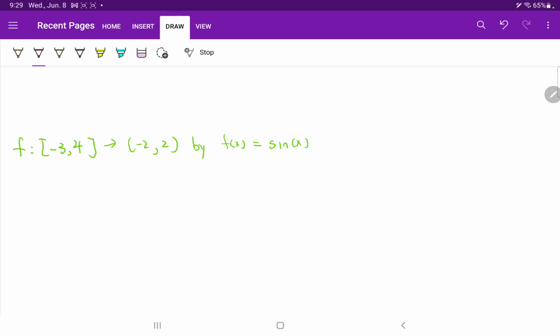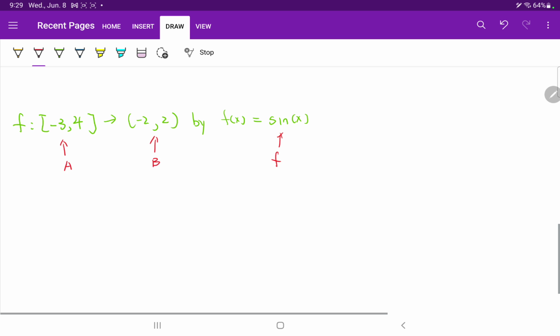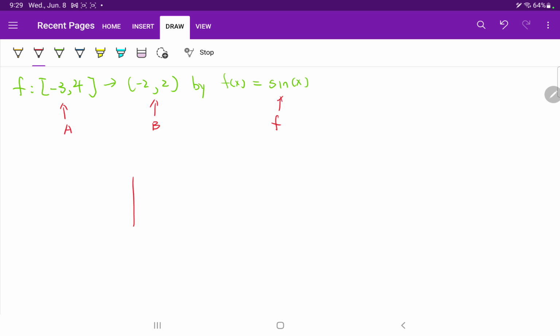So let's take a look at pi over 2. So we want to see what happens if our input value, let's draw this. This is our A, this is our B, and then this is our f. So let's draw the big box analogy again. So this is f, which is sine of x in this case, and it has one entrance and one exit. Well, let's say we take pi over 2.